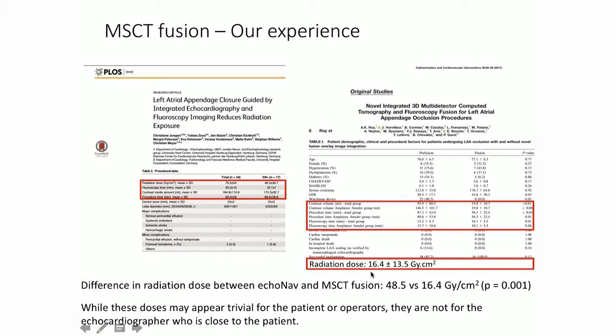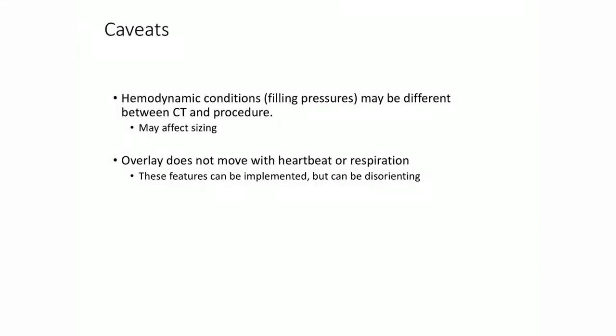So when comparing the Echo Navigator to our MSCT fusion, the differences were still significant. Now these doses may appear trivial for the patient or operators, but what's important to remember is that they're not for the echocardiographer who's relatively close to the patient during the procedure. So every reduction in dose is actually a very important outcome.